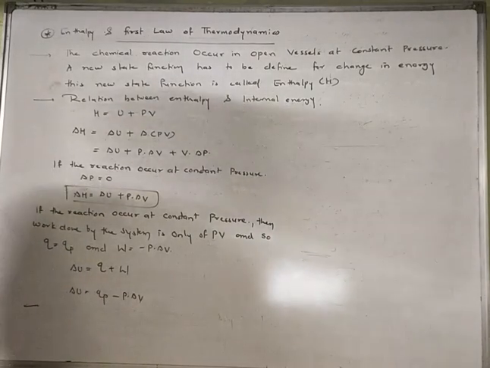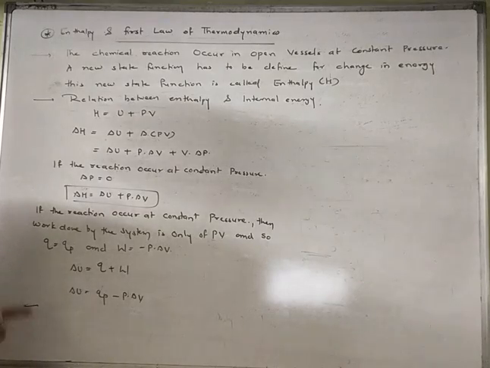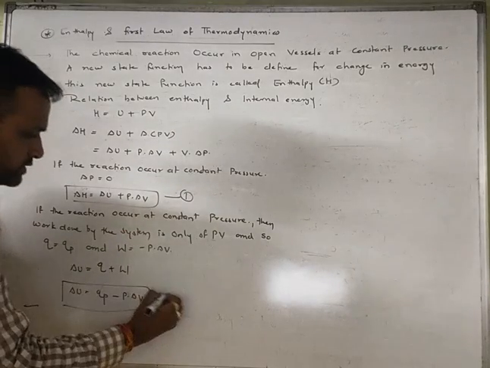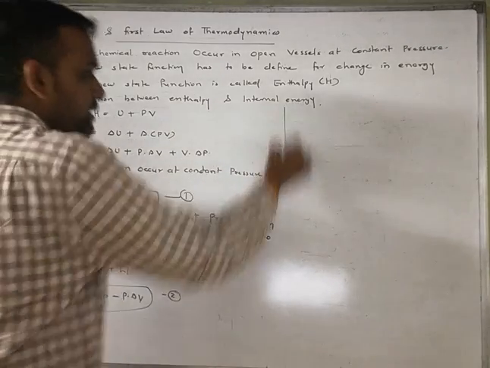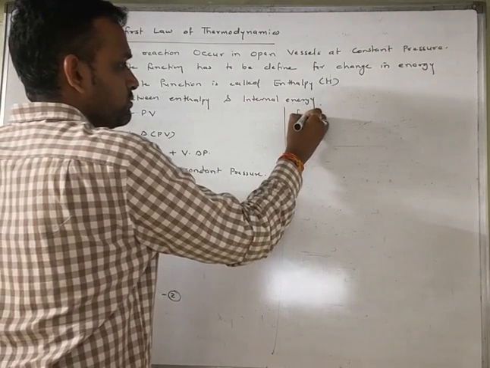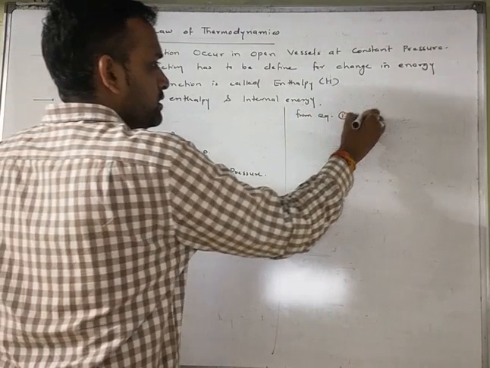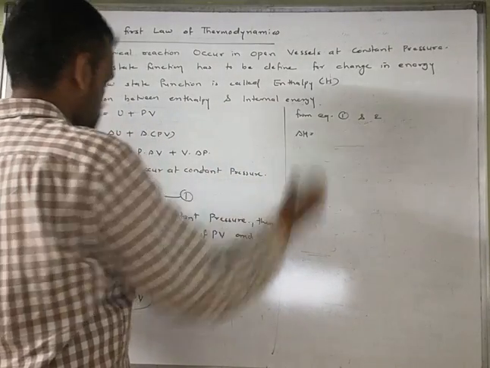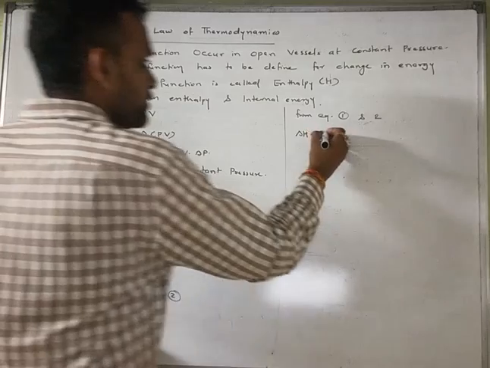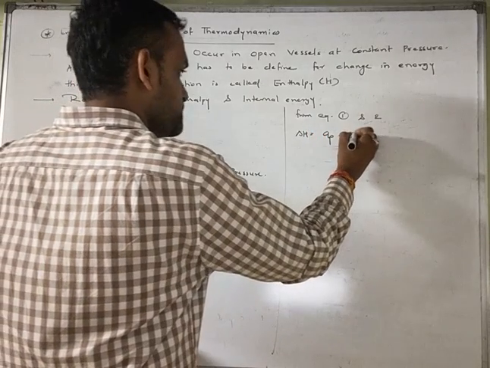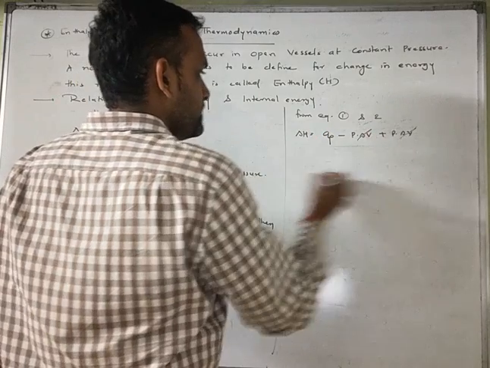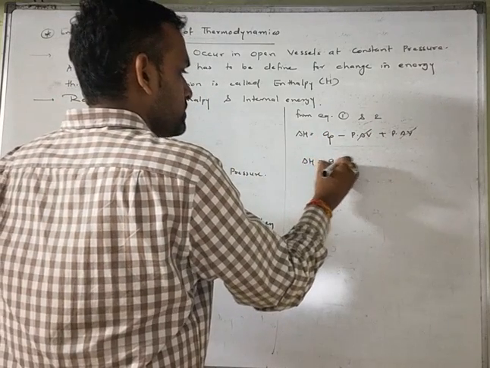So I can write down that delta H equals delta U plus P delta V. Put this value over here. This is equation number 1. This is equation number 2. From equation 1 and 2, I can say that delta H equals, instead of delta U, put this value, QP minus P into delta V plus P into delta V. These two will be cancelled out. So delta H equals QP.